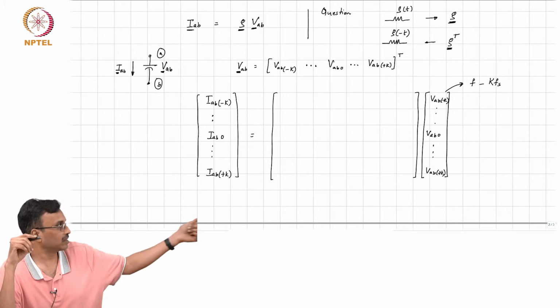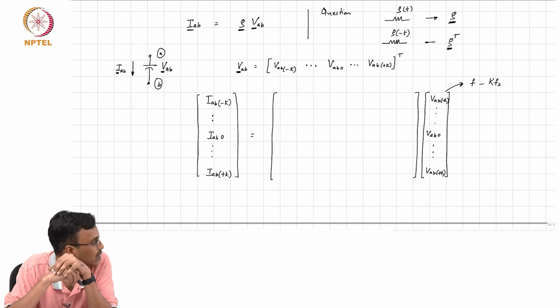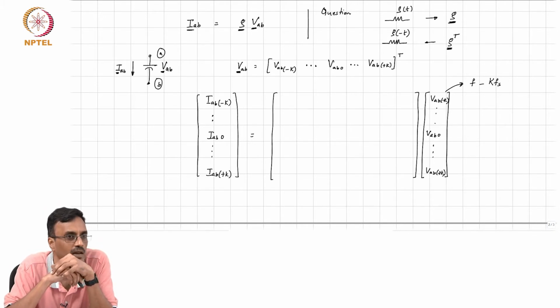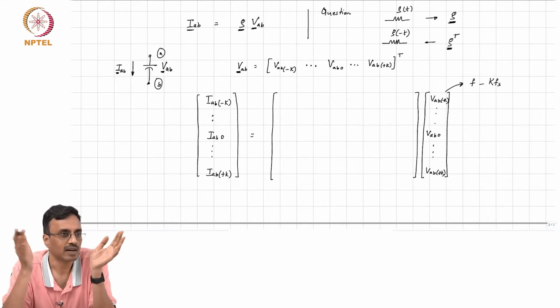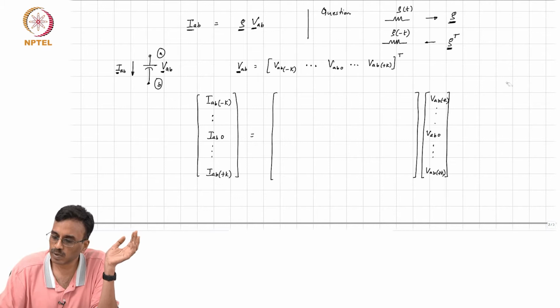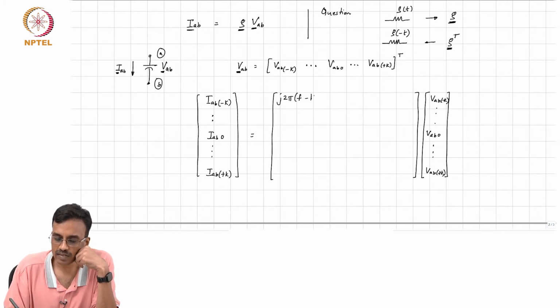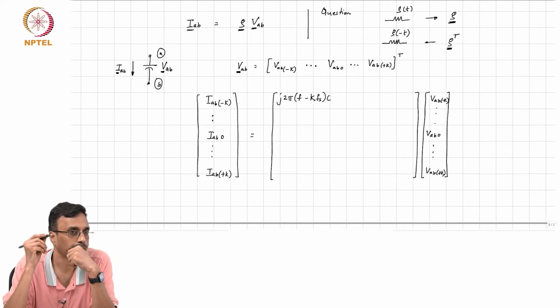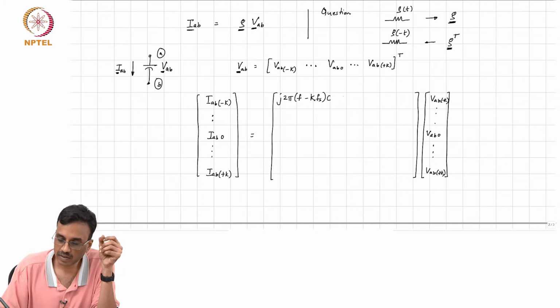It's a linear time invariant capacitor, so this is F minus K Fs. What would the current be? It's simply j 2 pi (F minus K Fs) times C. So, this first term would therefore be j 2 pi (F minus K Fs) times C. Correct?